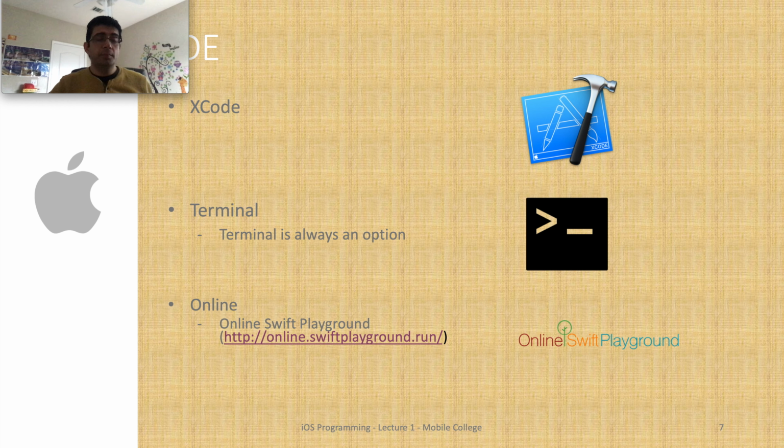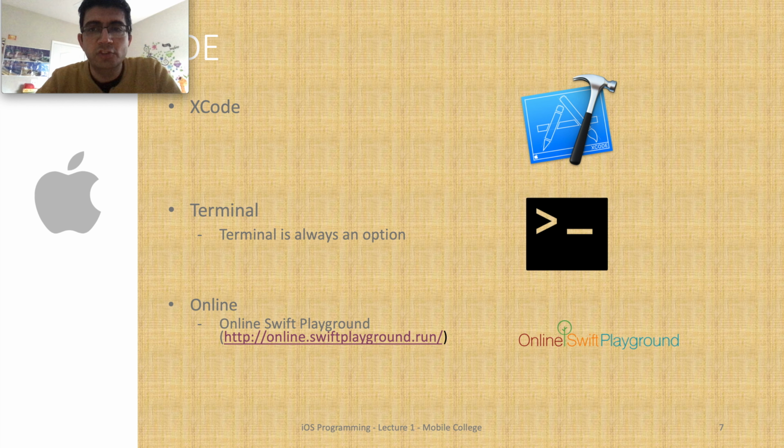Now, jumping into the real crux, which is we want to go forward and do Swift development. How are we going to start about it? Now, here's where I talk about options. The best option which you have is always going to be Xcode.